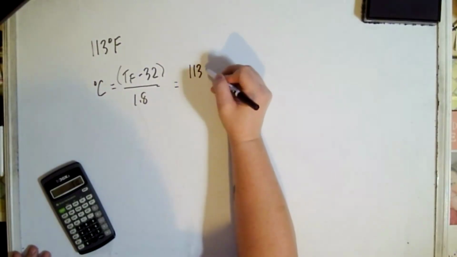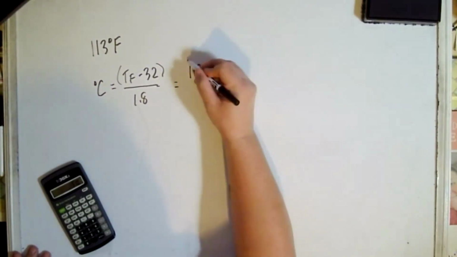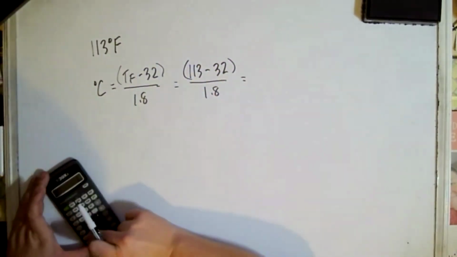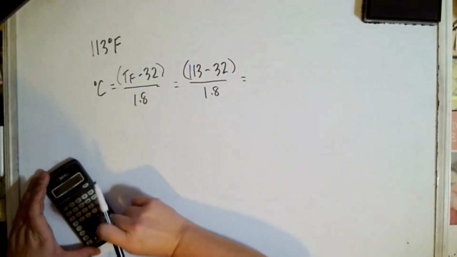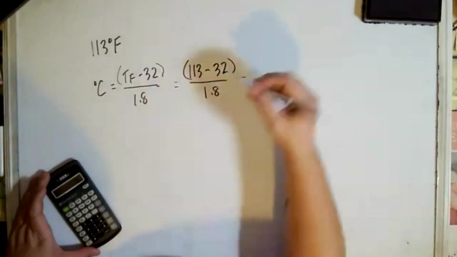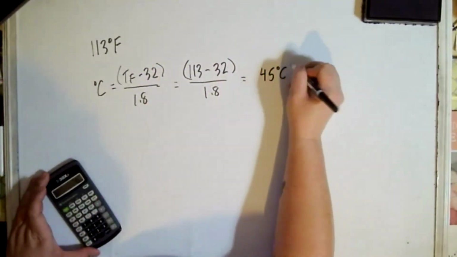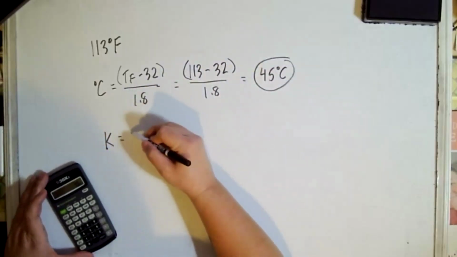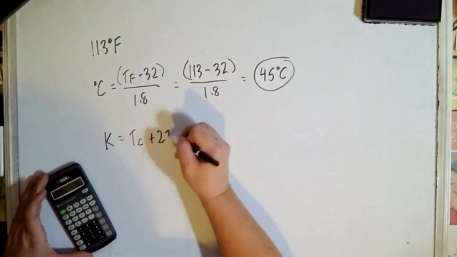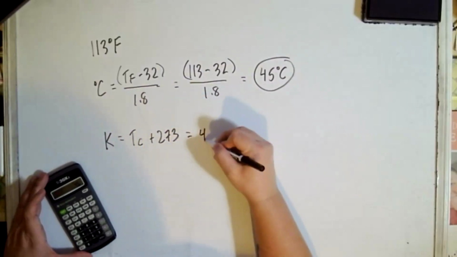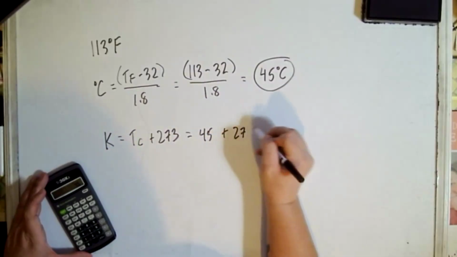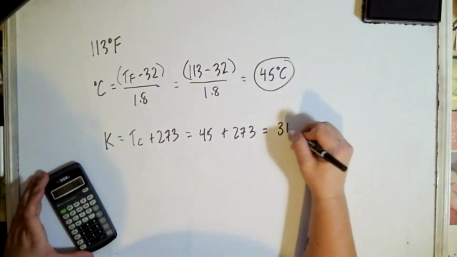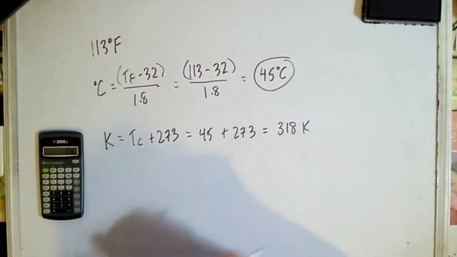We'll do 113 minus 32, divided by 1.8, and we get 45 degrees Celsius. Now to get our temperature in Kelvin, it's going to be our temperature in Celsius plus 273, and we're going to get 318 Kelvin for that.